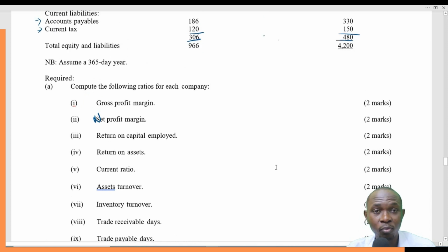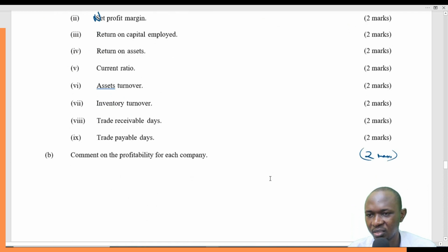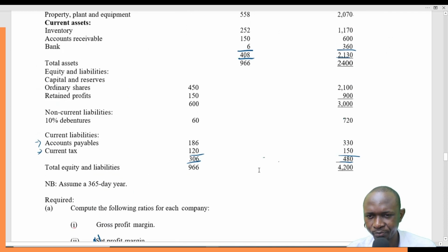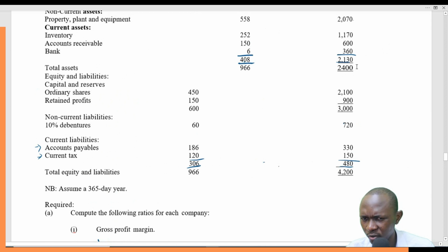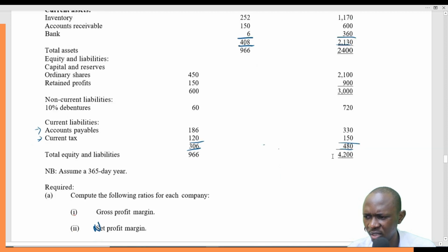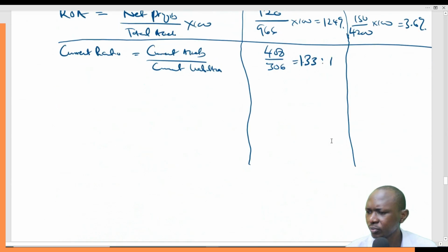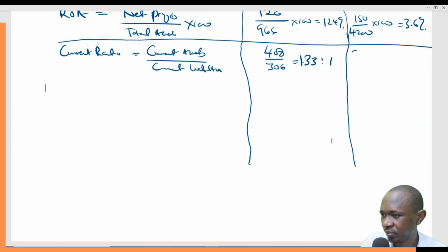Current assets are 1.33 times more than current liabilities. Then on this other side we'll have 2130 divided by 480.